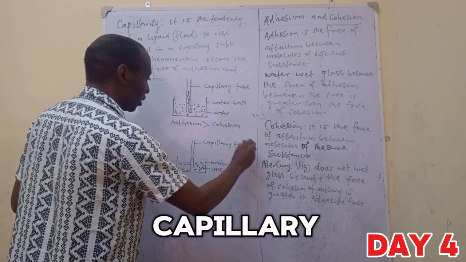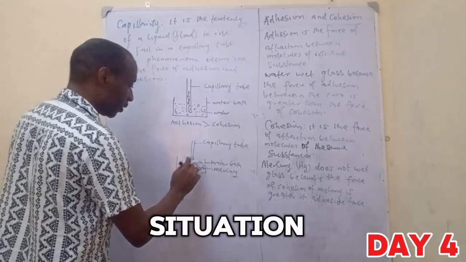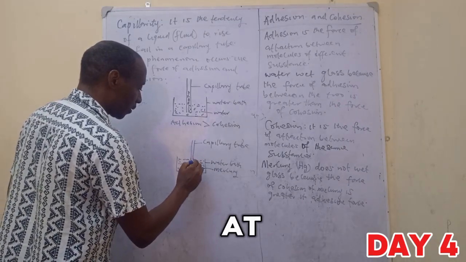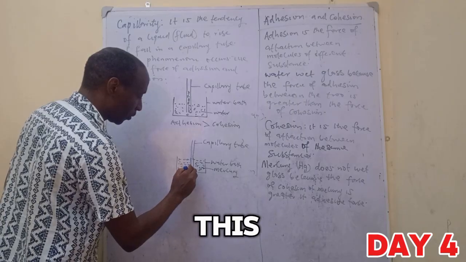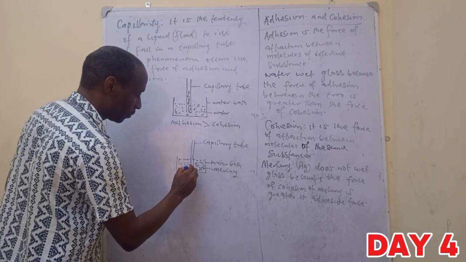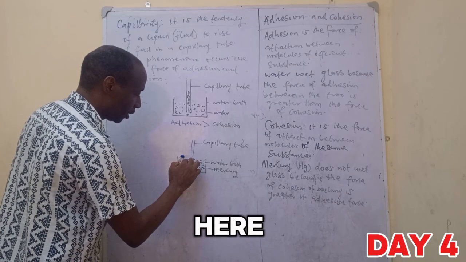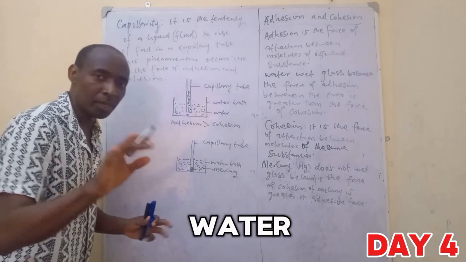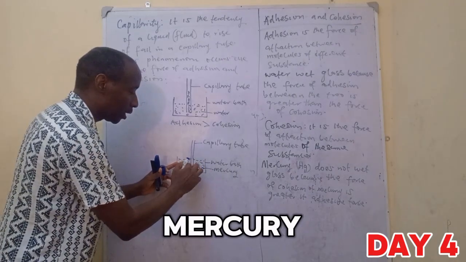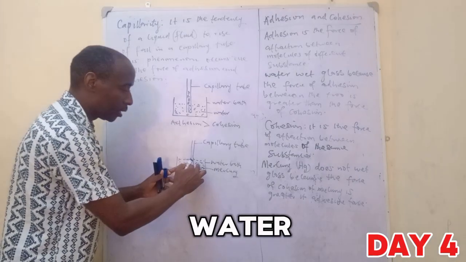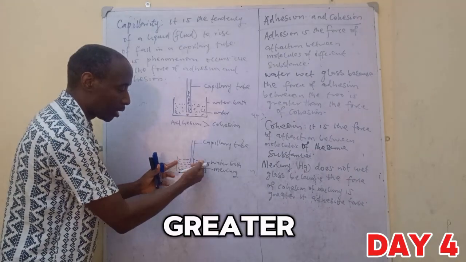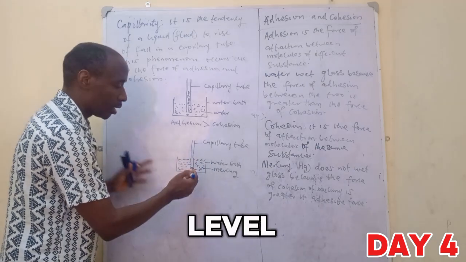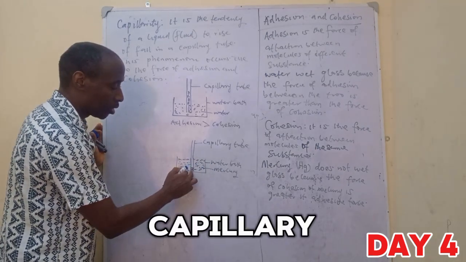In this situation, you can see the level of mercury in the bath is greater than the level of mercury in the capillary tube.